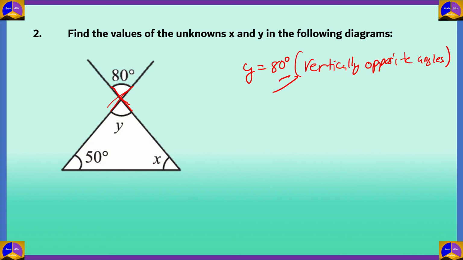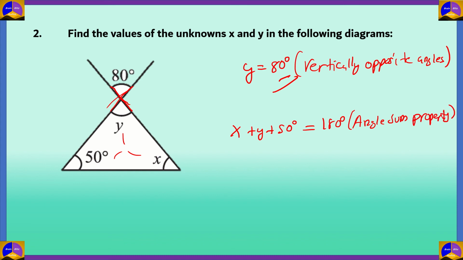Now to find x, we'll use the angle sum property. The interior angles are y, x, and 50 degrees. So x plus y plus 50 degrees would be equal to 180 degrees. Reason: angle sum property.